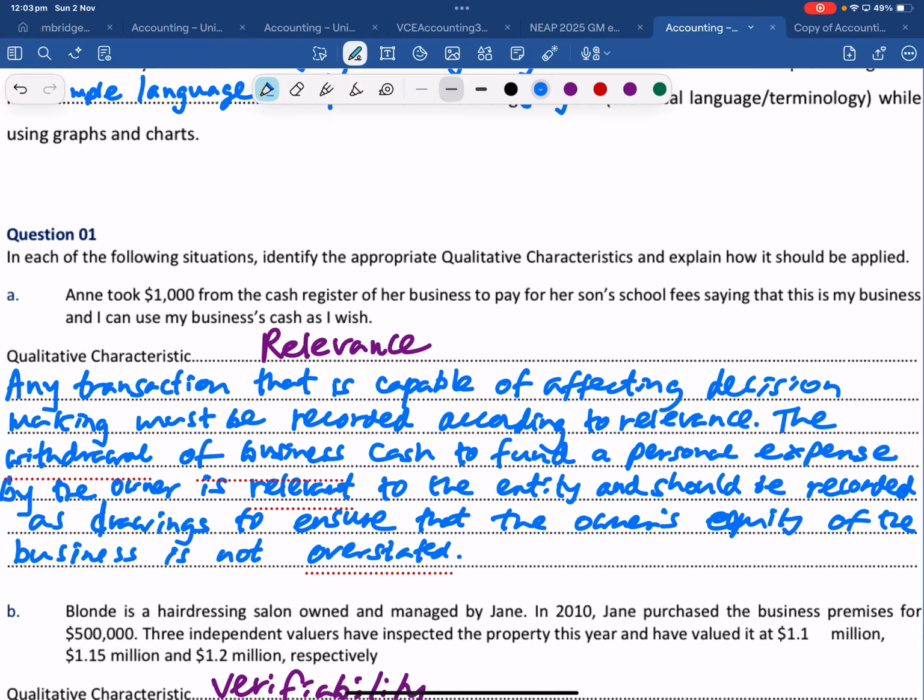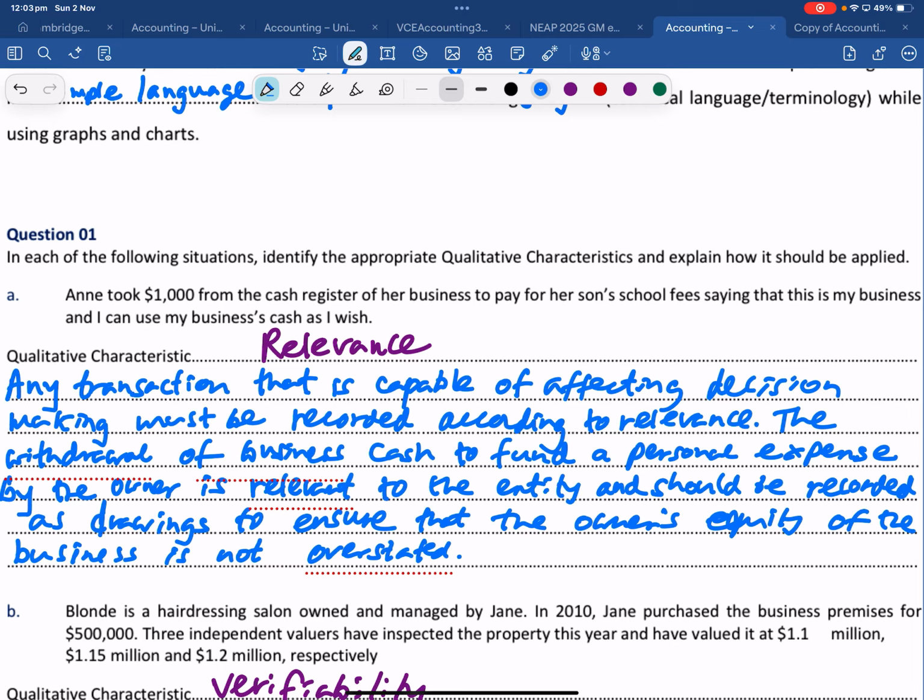Okay, we'll see. Let's say verifiability or maybe faithful. Actually, mainly what would you say out of the two? Verifiability or faithful? Verifiability is correct, yeah. Why is it correct?